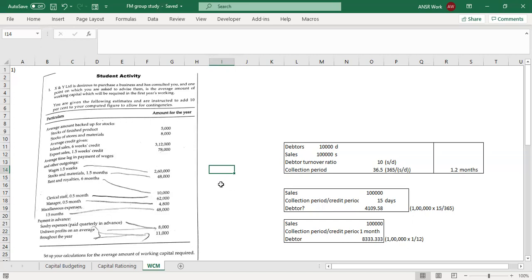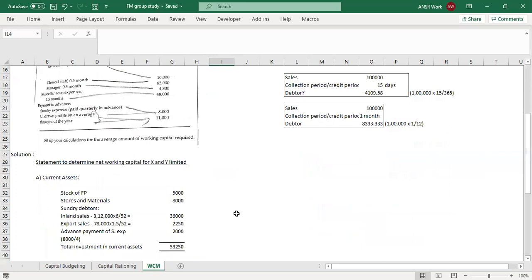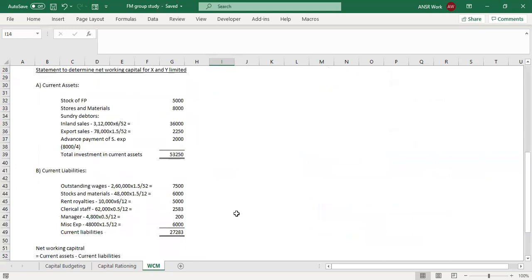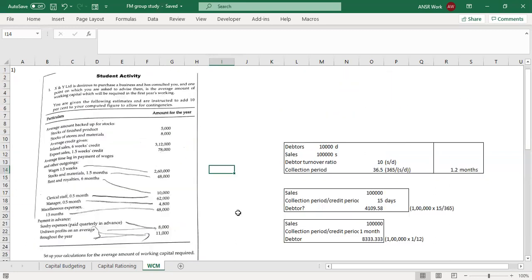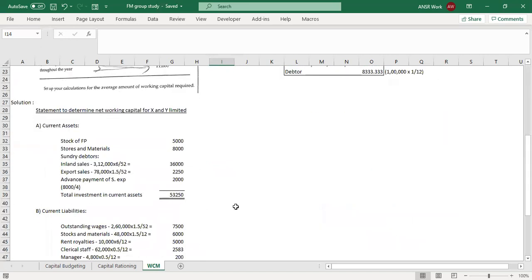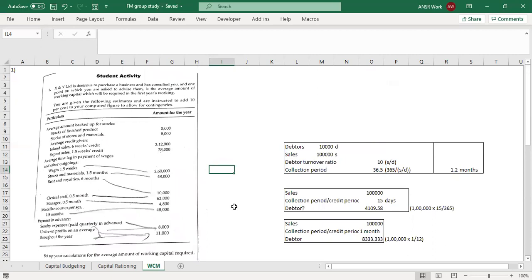Now for wages, can somebody tell what is the value? 3333.33. No, that's 7,500. Yeah, 7,500 is the correct answer. You divided by 52 only, right?